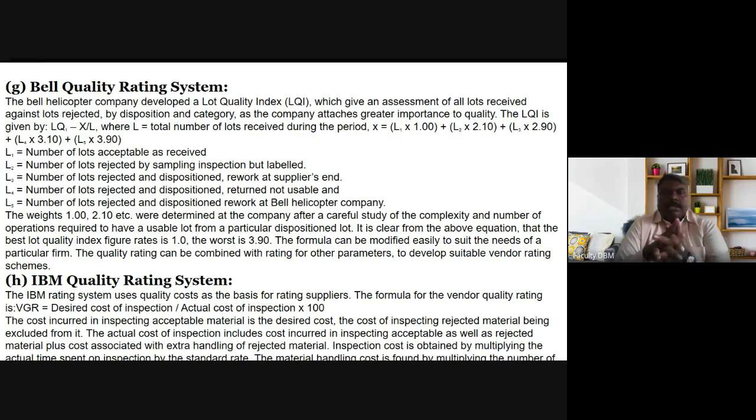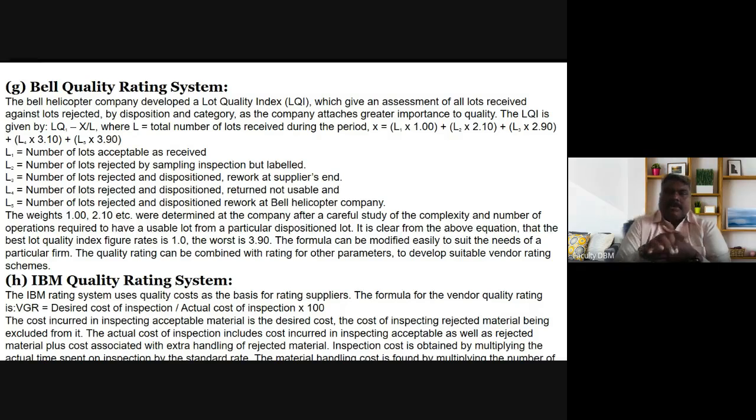L3 is the number of lots rejected and disposition reworked at the supplier end. So at the supplier end only they have rejected. L4 is the number of lots rejected and disposition returned, not usable. The earlier ones were reworked at the supplier end, and they have changed and come back.